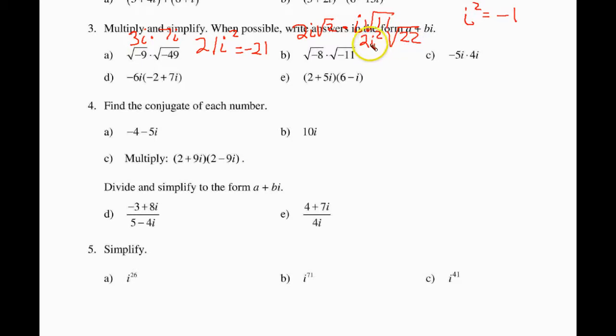But notice you have an i squared there. Can't leave it that way. What is that i squared? It's a negative 1. So this answer is going to be negative 2, the square root of 22.